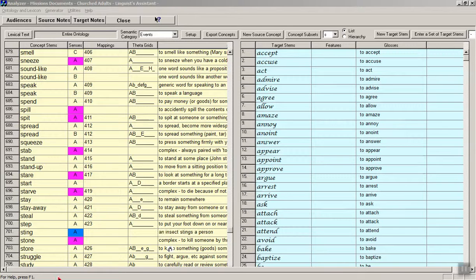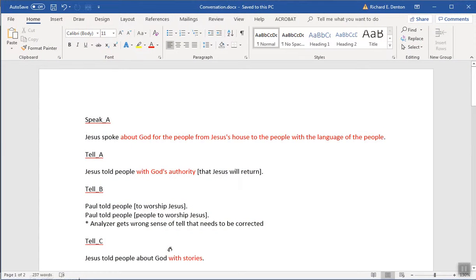Okay, so now for the rest of this tutorial, I'm going to switch to a Word document that shows some examples. So for Speak A, all you have to have is the agent. So you could say, Jesus spoke.